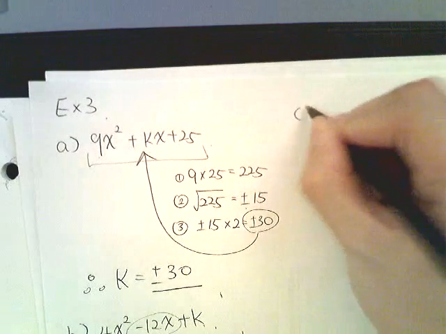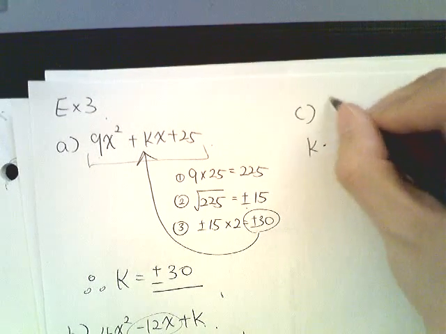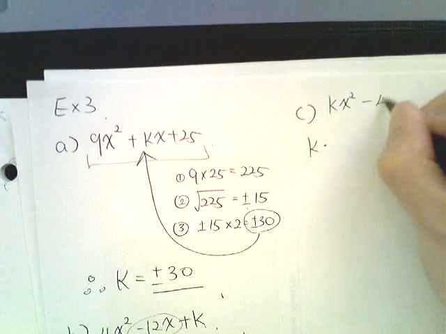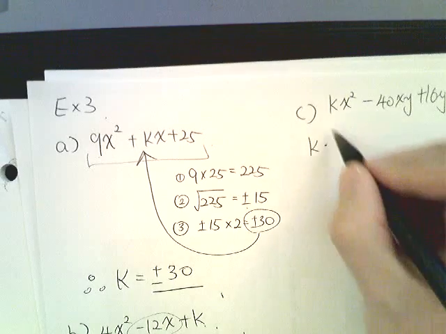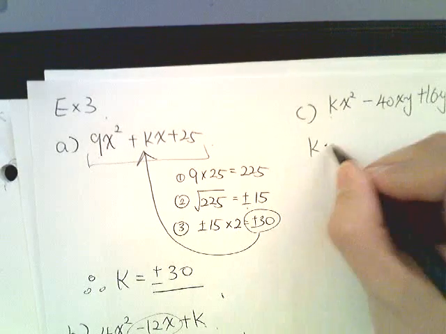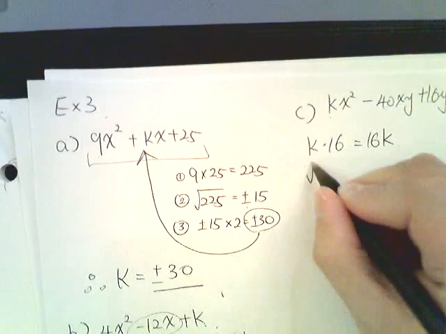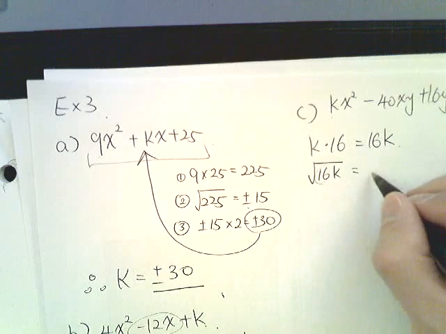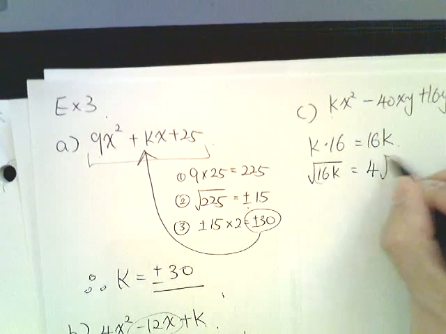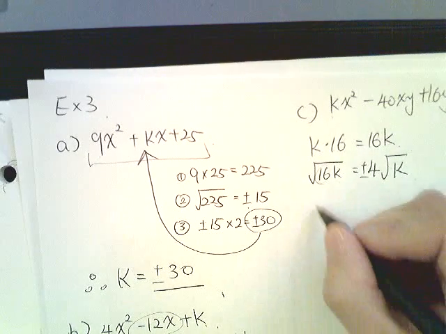Okay. Let's do C. Okay, C, same thing. It's kx squared minus 40xy plus 16y squared. So k times the last, which is 16k, and take the square root of 16k. Now the first number is 16, so the square root of 16 is 4, so 4 square root of k plus minus.